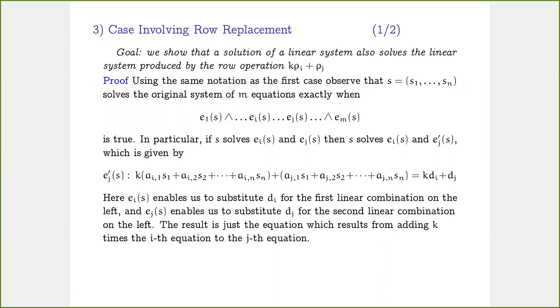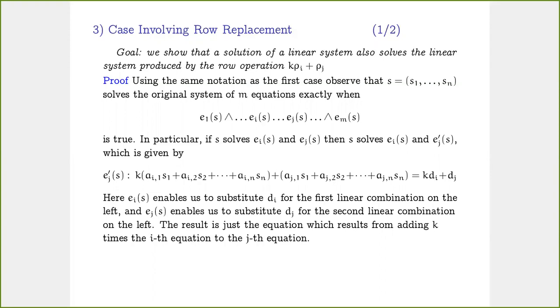Now the left-hand side of E prime j is K times the linear combination in E_i plus the linear combination in E_j, and the right-hand side should be K times the constant in i plus the constant in j. Well, we want to show this is true. K multiplies the linear combination in E_i.